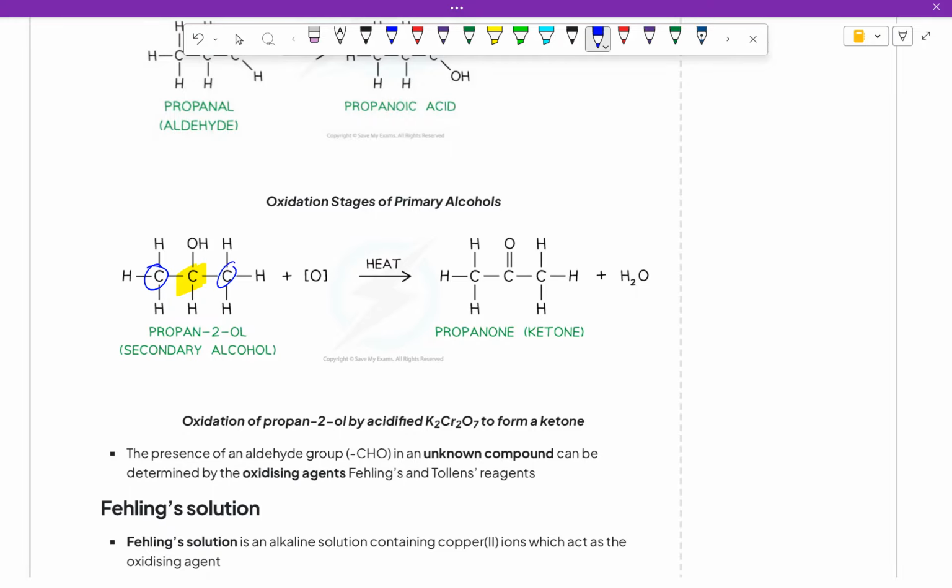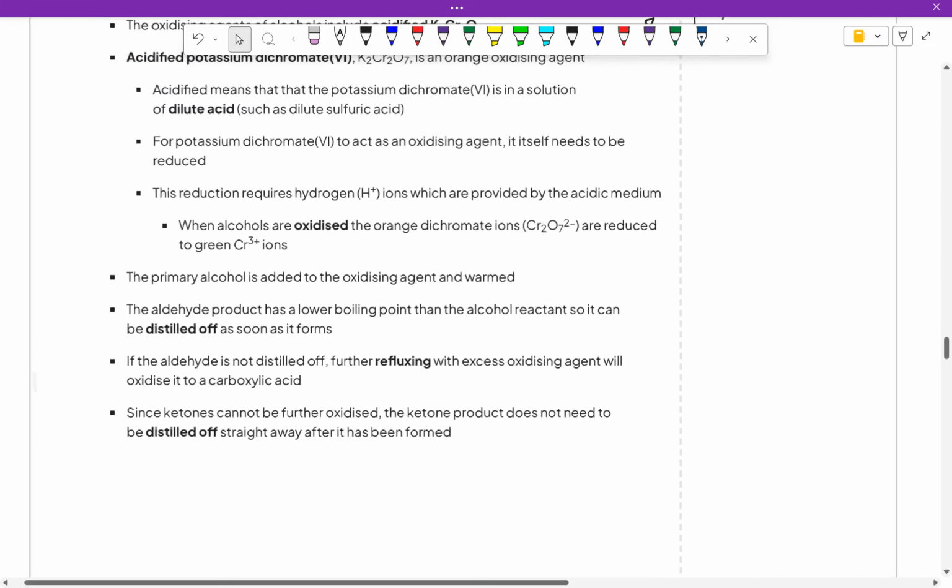Now when it comes to tertiary, this is interesting.